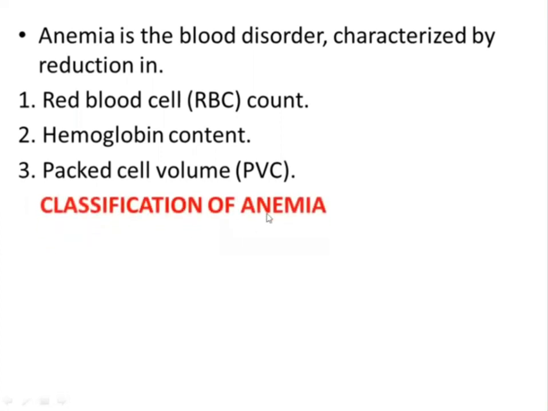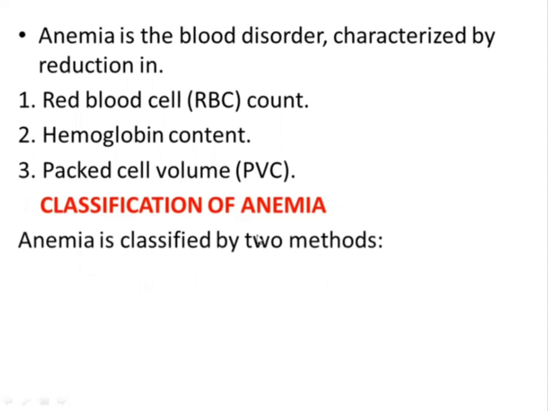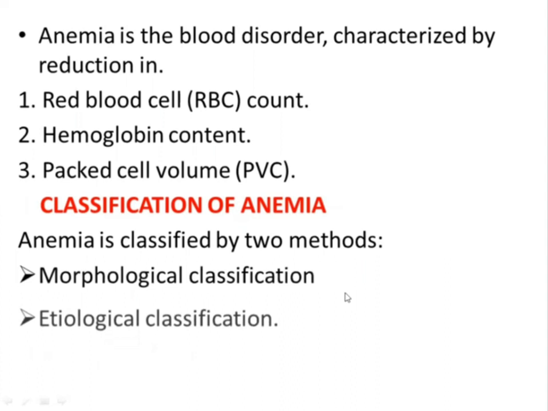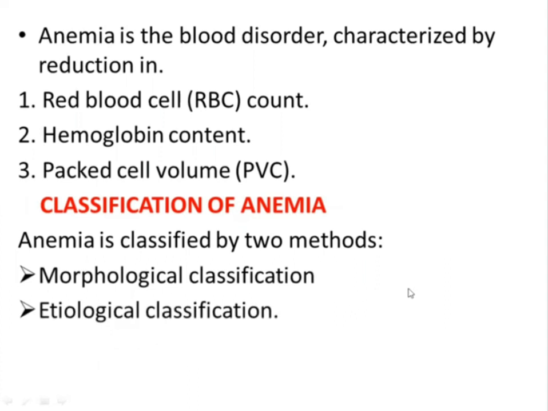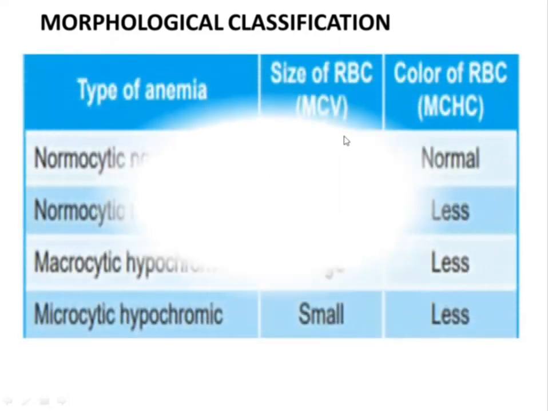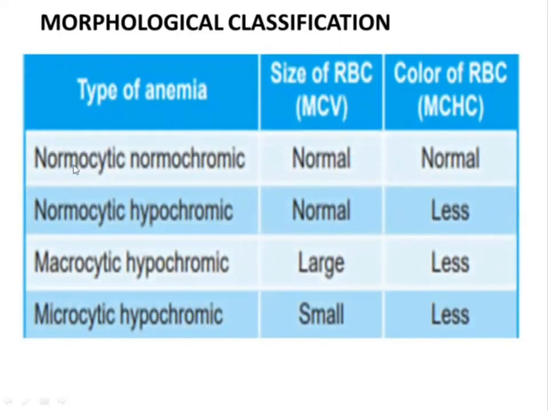Then classification of the anemia. Anemia is classified by two methods. First one is the morphological classification. Second one is the etiological classification. In the morphological classification, there are four types of anemia: normocytic and normochromic, meaning the size of the RBC and color of the RBC both are normal.